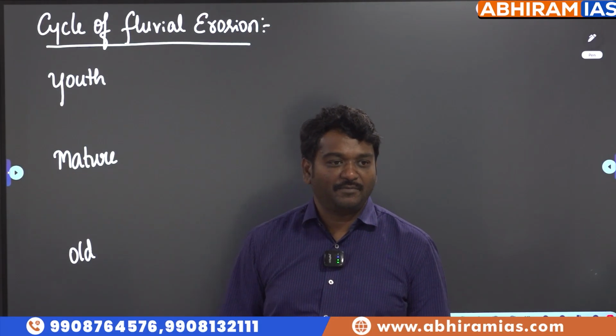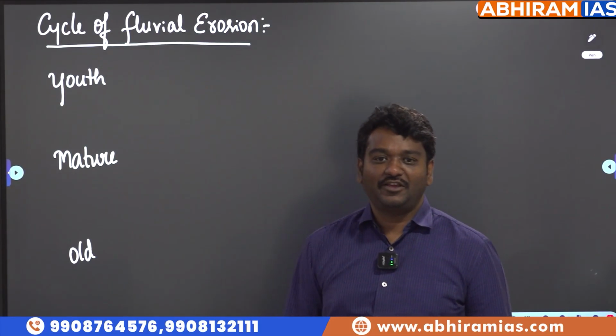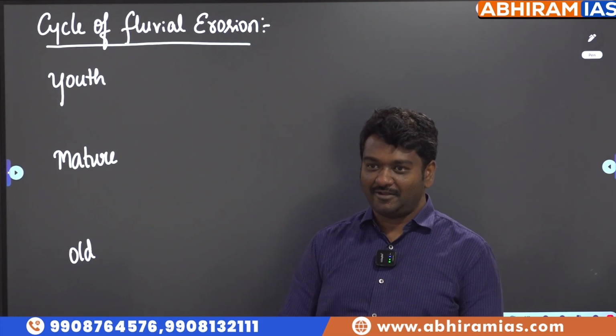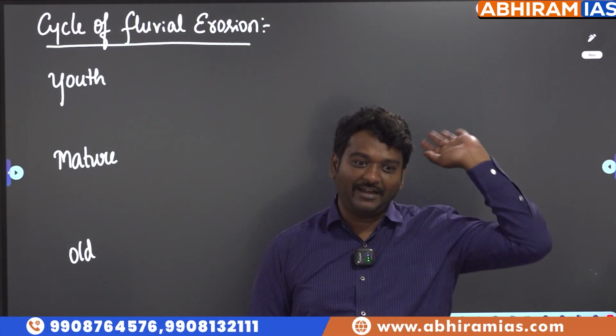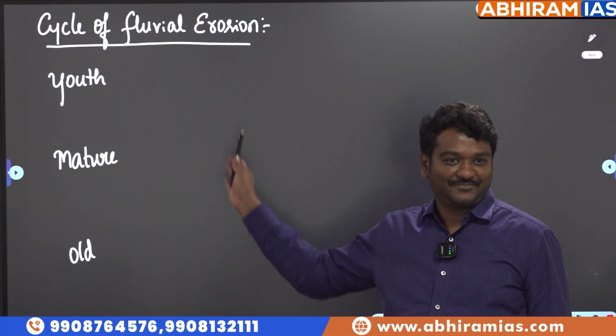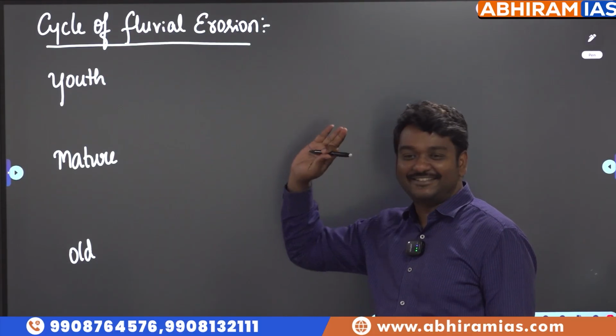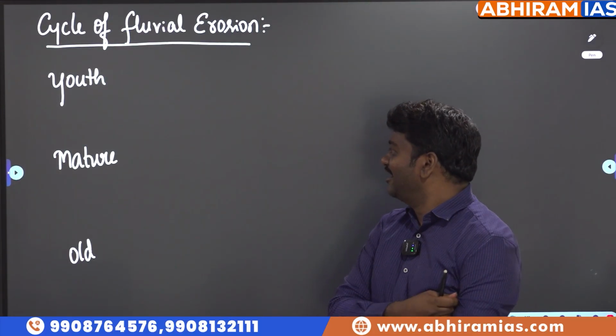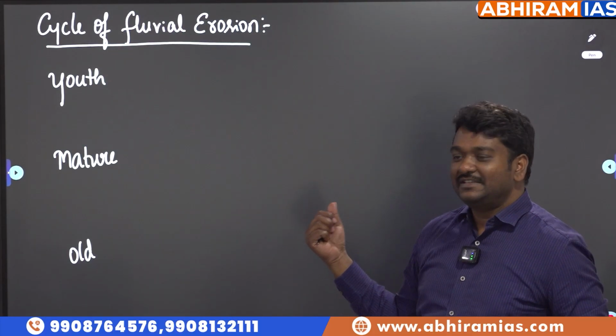A person by name Davis says river is like human life, not your life or our life, 18th century life. Okay, not Gen Z style. His situation was different. Now, what does he say?